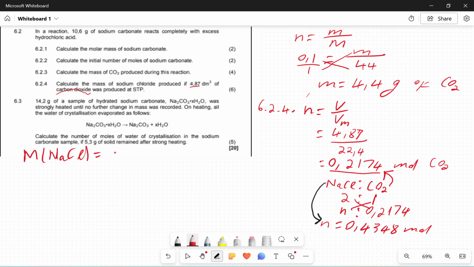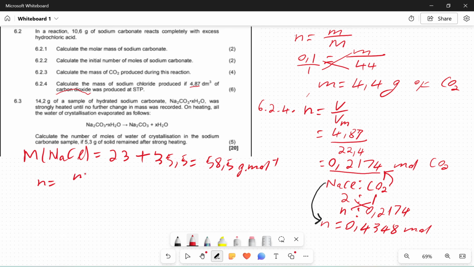The molar mass of sodium chloride is going to be 23 plus 35.5 is equal to, let's check. The molar mass of sodium chloride is going to be 58.5 grams per mole.